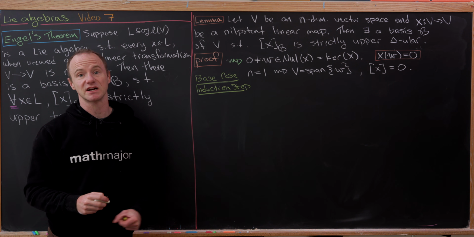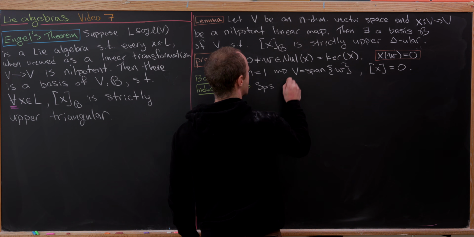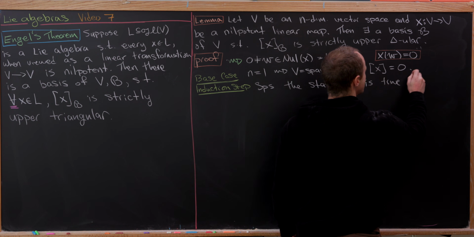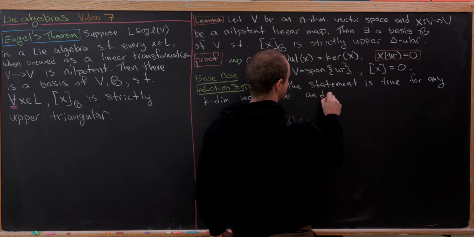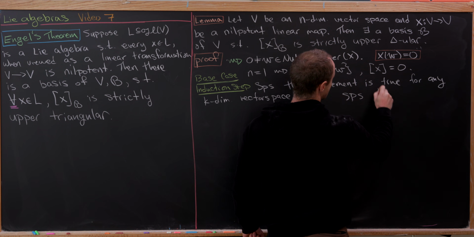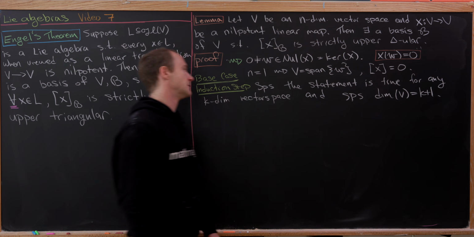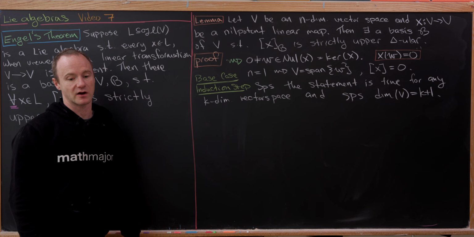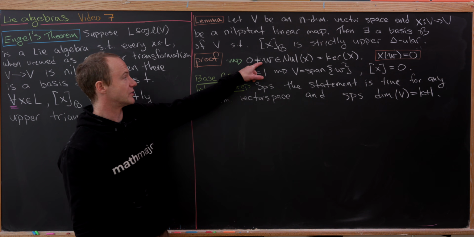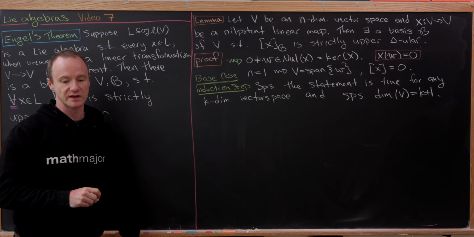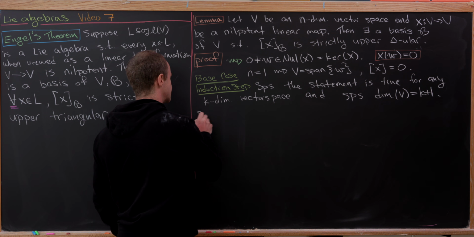Now let's move on to the induction step, which begins with the induction hypothesis. Let's suppose the statement is true for any k-dimensional vector space, and then suppose that the dimension of V is k plus 1. That's our setup for the induction step. Throughout, w is in the null space of x, so we don't need to rewrite that. But we will introduce a little bit of notation.